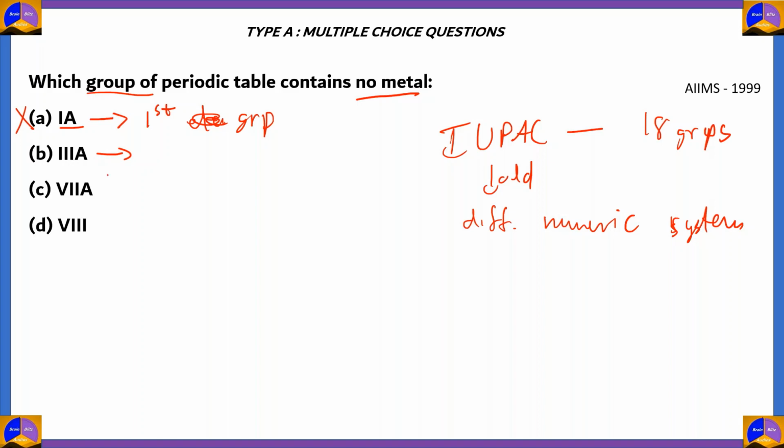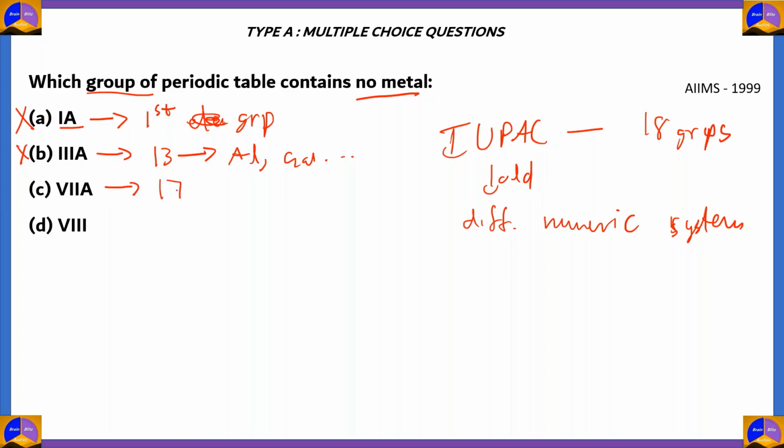Now, we told you that 3A would represent any group which has S or P block elements. In this case, 3A would represent group 13, which has metals such as aluminium, gallium, etc. All of these are metals. Option B is incorrect. What about option C, 7A?